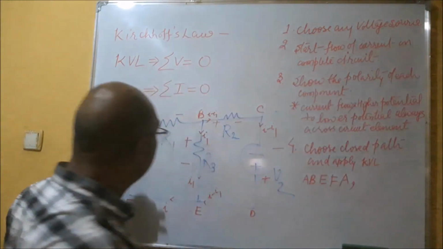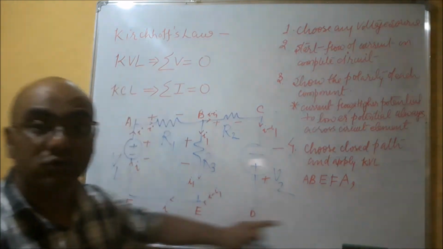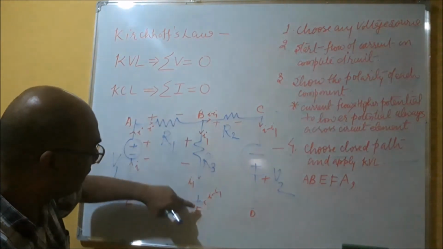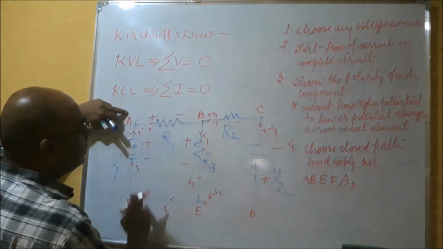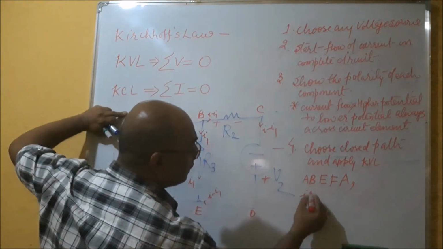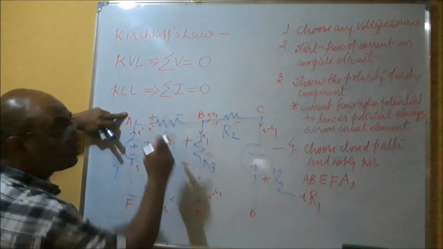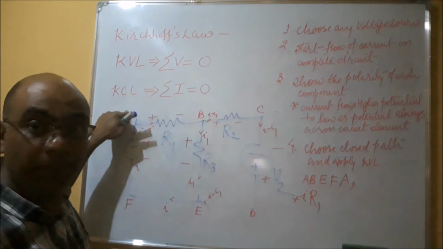So let's see here. My loop is A, B, E, F, A. I am moving from A, B, E, F, A. When I am going from A to B, the voltage is IR1 and I am going from positive to negative, so I will take this as plus. Is it okay?